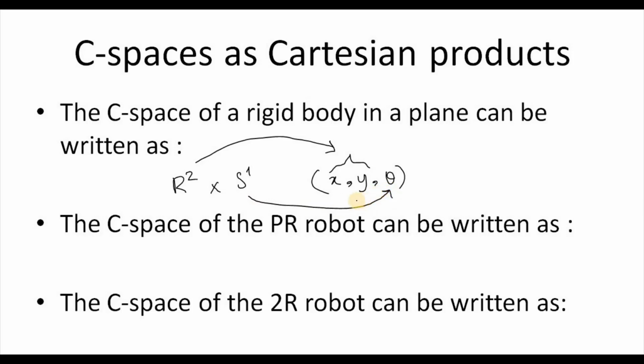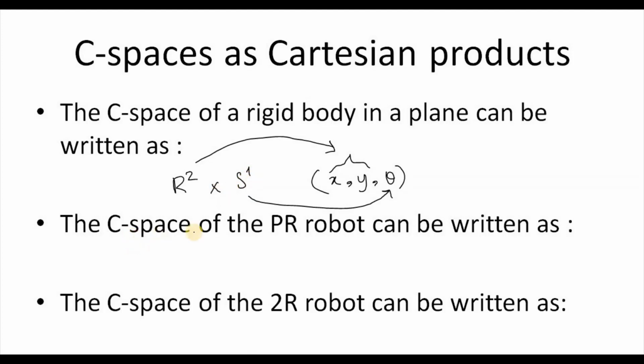So this is how we can represent your C space as a Cartesian product. So this is your plane and this is the one-dimensional sphere or the circle.